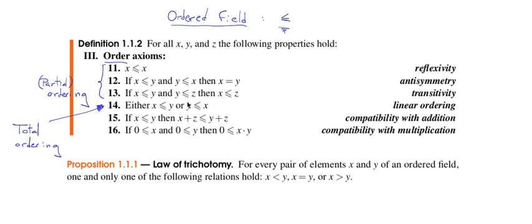Again, this is not obvious. For instance, many systems don't have a total ordering. If you think about points in 2 dimensions, the coordinates x and y, you can think of a set of points x1, y1, x2, y2, x3, y3, and so on.